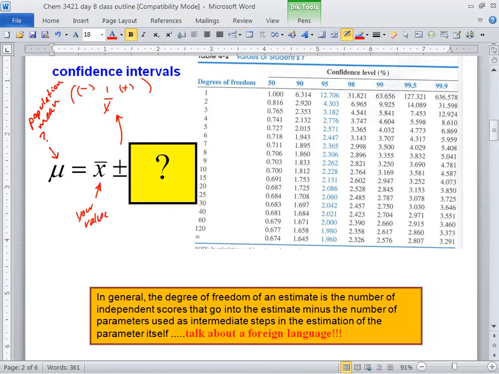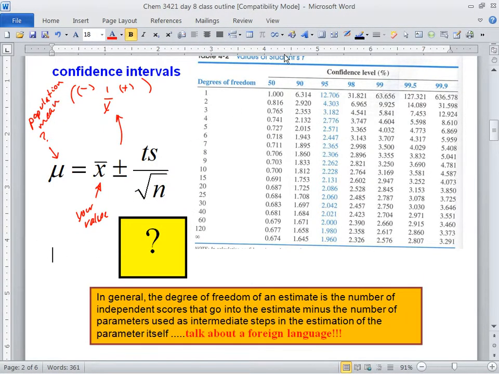Okay. So if you want your average that you're going to calculate in your experiment to be right within some range, we can calculate it using this, and that's what's behind this little box, or in the book. T S over the square root of n.